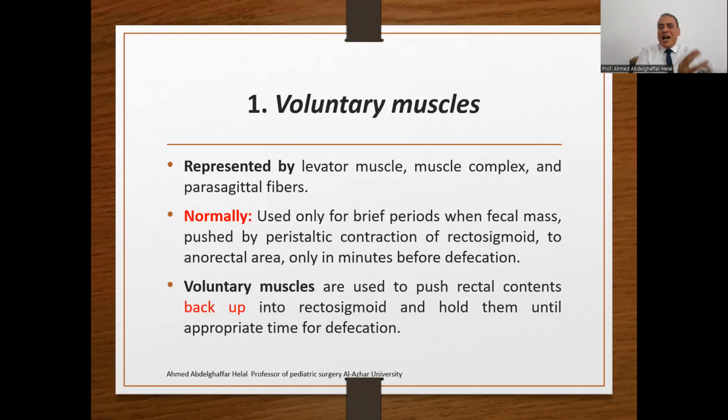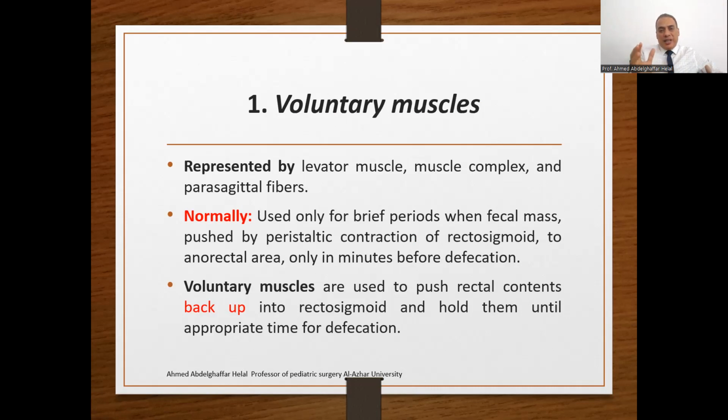These voluntary muscles are used here either to relax and allow the fecal mass to pass, or to contract and push back this fecal mass to the rectosigmoid and hold it if the surrounding circumstances are not appropriate for defecation. So normally these voluntary muscles are present and their function is related to controlling the defecation time.